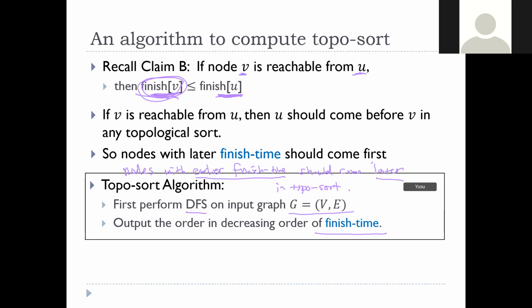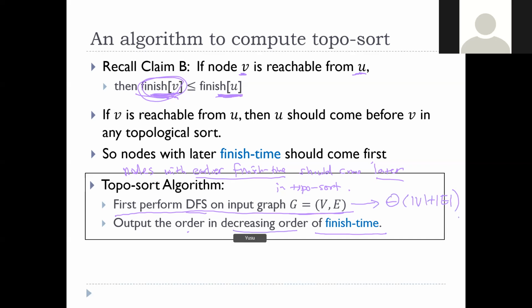So I invert the order, sorting them by the opposite order of the finish time. That's it. Well, what is the time complexity of this algorithm? Given the graph, performing DFS is simply V plus E. Then the next step is that we need to output the order in decreasing order of the finish time.